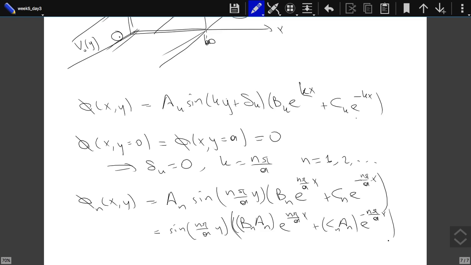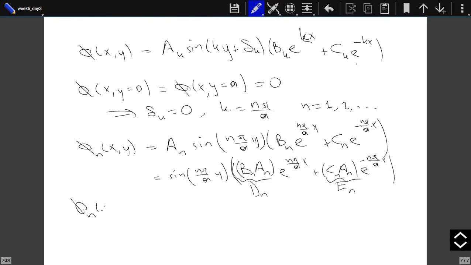So I don't really have 3 sets of unknown coefficients. I only have 2 sets of unknown coefficients that will determine my function, cn times an and bn times an. I can just give them some different names. Let me just call them dn and en.